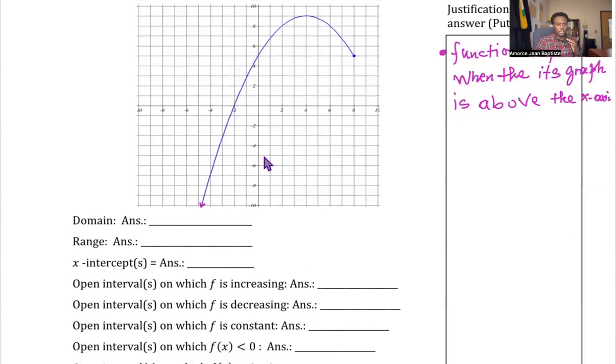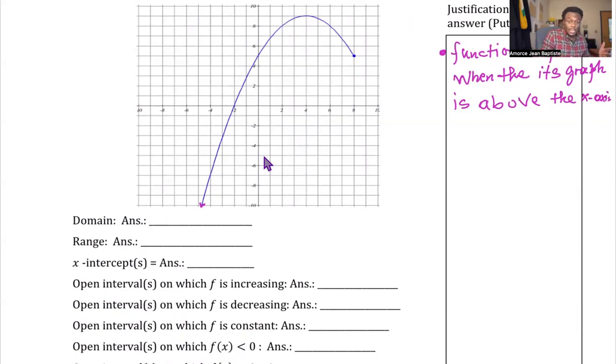So what you're going to do here, if they ask you to give the interval where the function is positive, now you're looking for all the x values for which this graph is located above the x-axis. So positive means above the x-axis. Negative means below the x-axis. Equals 0 means on the x-axis.